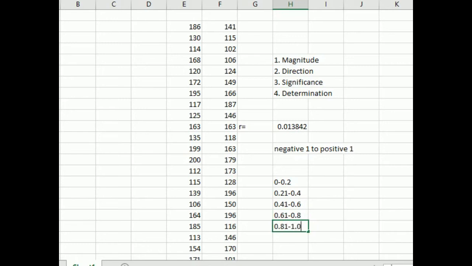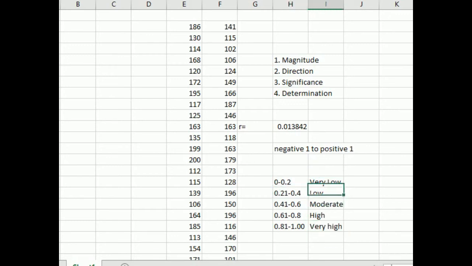From 0 to 0.2, this is practically 0, but we call it very low or very weak relationship. 0.21 to 0.4 is low or weak relationship. 0.41 to 0.6 is moderate. 0.61 to 0.8 is high, while 0.81 to 1 is very high. So this is pretty much what you will put in the magnitude.